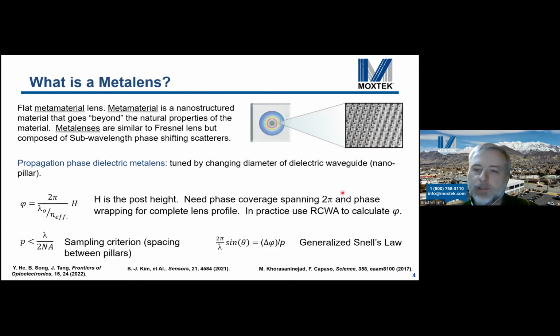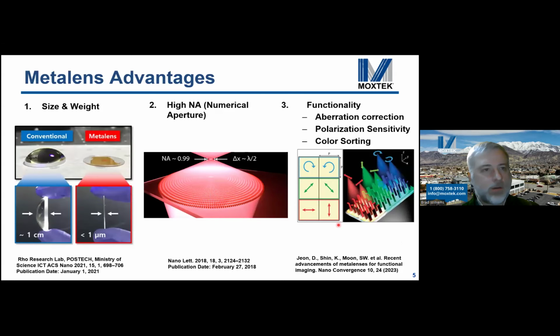Basically, you need a 2 pi phase wrapping to make a full lens. Most of our design work is done with RCWA. A little background is we do design some of them ourselves, or we take customer designs and manufacture them because our main focus is manufacturing.